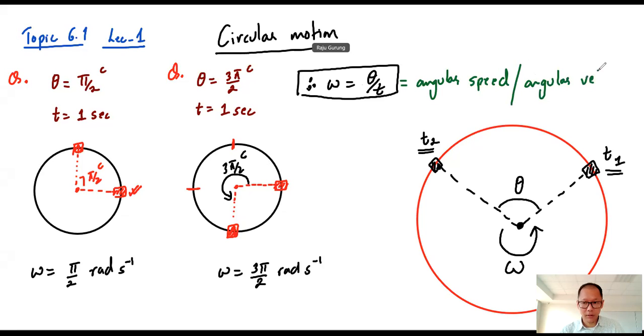Is it correct to say angular velocity or not? My question to you is, should we be saying angular speed or angular velocity? If angular velocity is a correct term to use, then what's the direction of that angular velocity? You will find the answers pretty interesting.